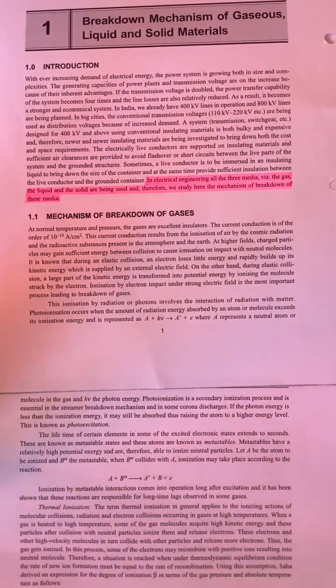So over here now, we are talking about photoionization, and we are saying that it happens when the amount of radiation energy absorbed by an atom or a molecule exceeds the ionization energy and is represented as A plus HV, leading to A plus plus E. E in this case, let's assume it's an electron, where A represents a neutral atom or a molecule in the gas.